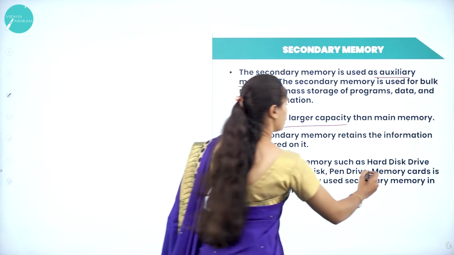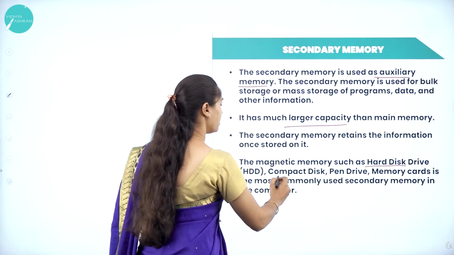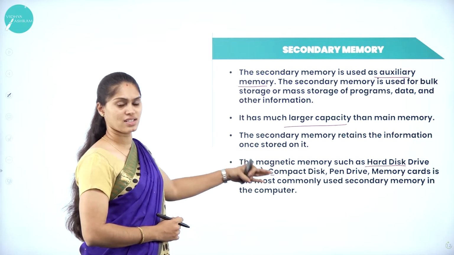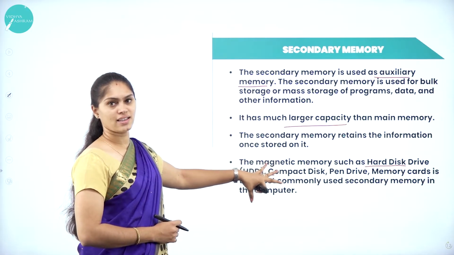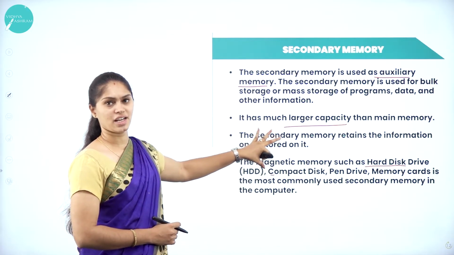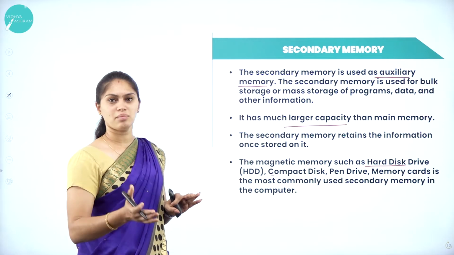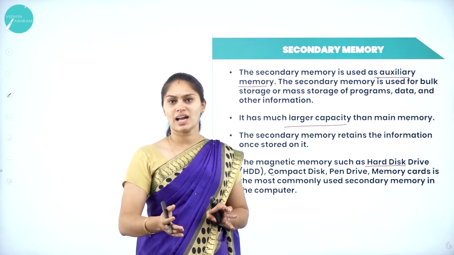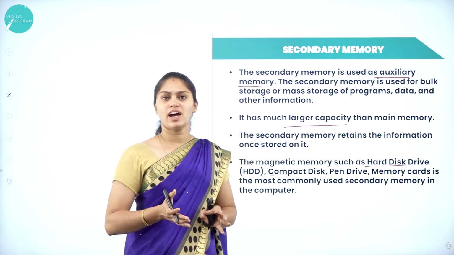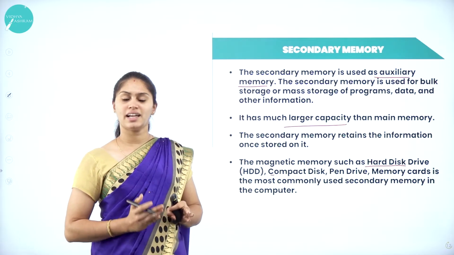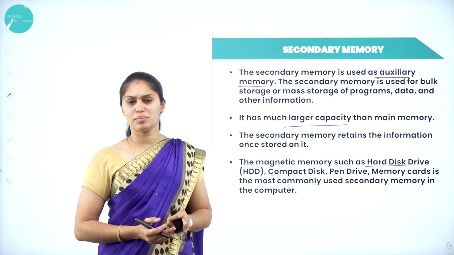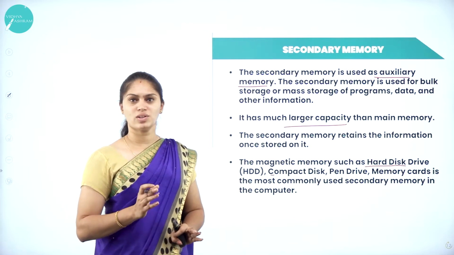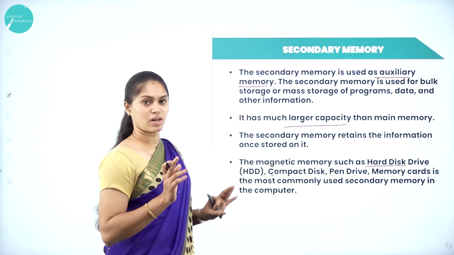Okay, so what are all the devices which come under this secondary memory? We can have hard disk drive, pen drives, CD, magnetic disk, and all the secondary memory types that have the ability to hold the data permanently. Once data is copied to the secondary memory, until we delete it, the data, instructions or any other information will stay in the secondary memory itself, so it holds the data permanently.